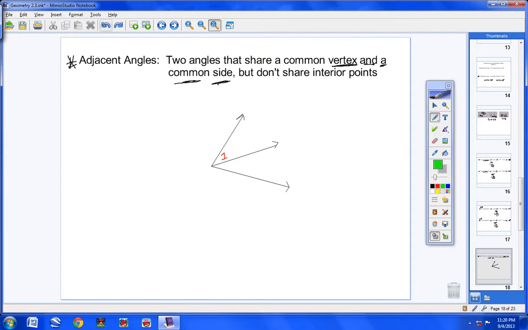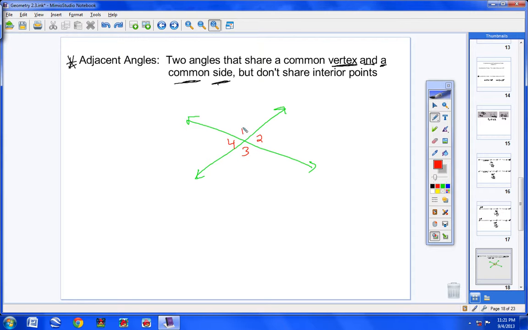So with that in mind, let me draw something here. Now, if I drew a line like this and a line like this, you don't have to write this down, just watch. We're going to call this angle 1, this angle 2, this angle 3, and this angle 4. Angles 1 and 3 are not adjacent. They're not side by side.